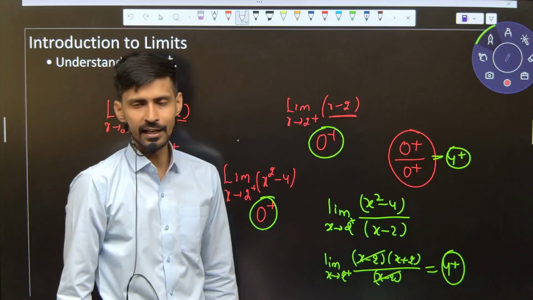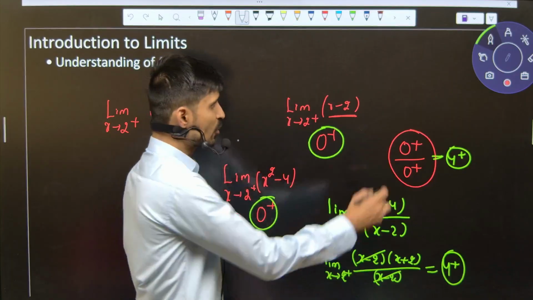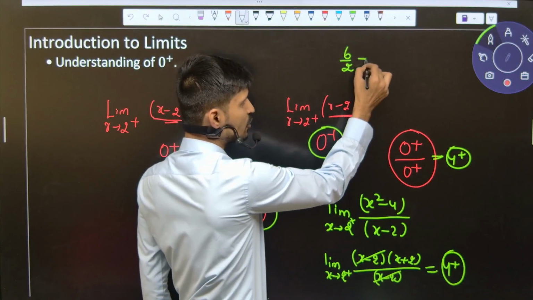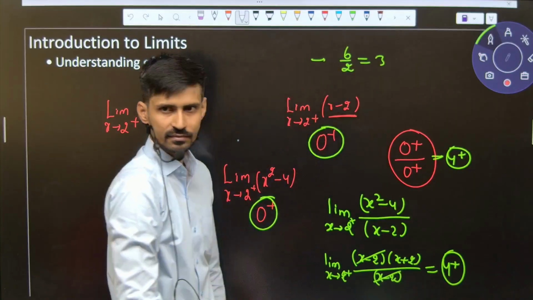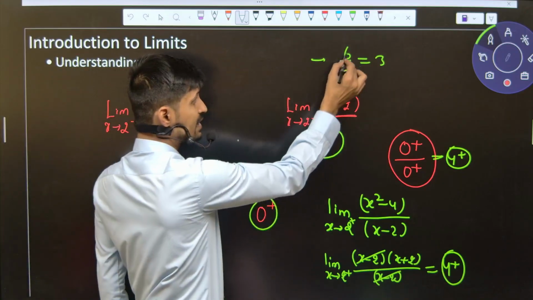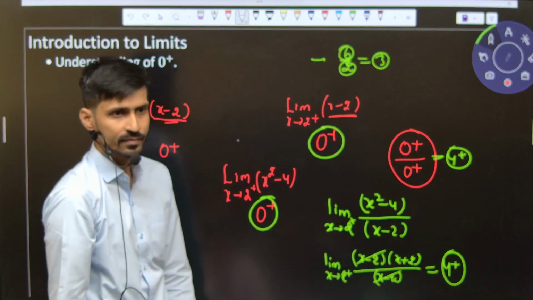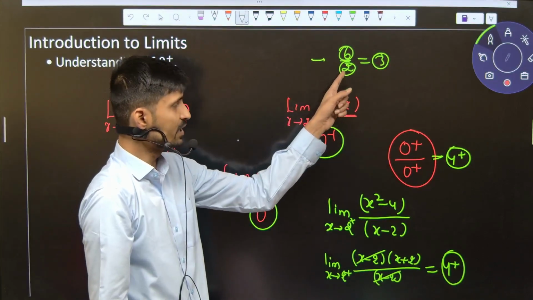Now, what can we know from here? Suppose I am writing 6 by 2 is equal to 3. This division, 6 by 2 is equal to 3. What is the meaning? This 6 is 3 times greater than 2.